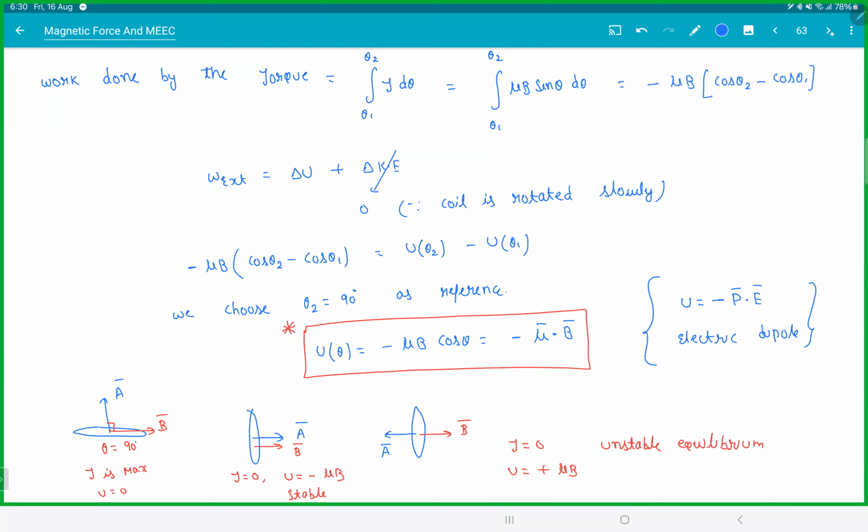We had similar formulas in the electric dipole. So these are the three main formulas.